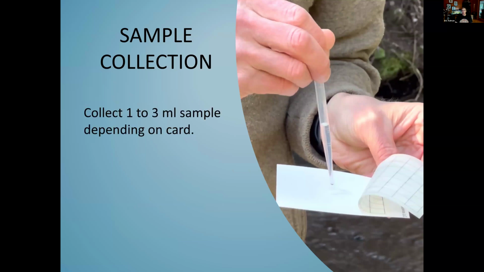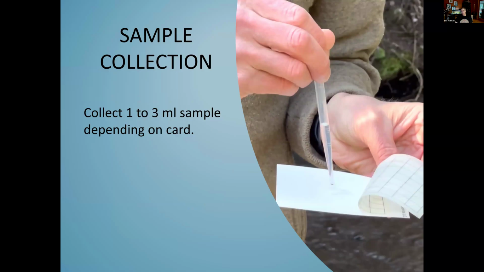When you collect your sample, we use cards that range from 1 to 3 mil capacity. Even with a 3 mil card, you could choose to put either a 1, 2, or up to a 3 milliliter sample on the card. One thing that we found is that sometimes it's difficult for people to get the whole sample to stay on the card when it's a 3 mil sample.